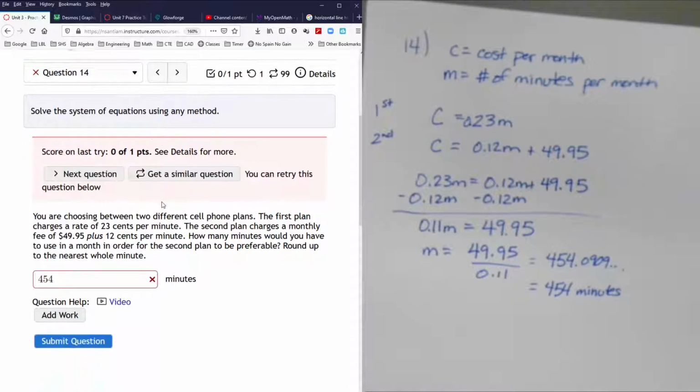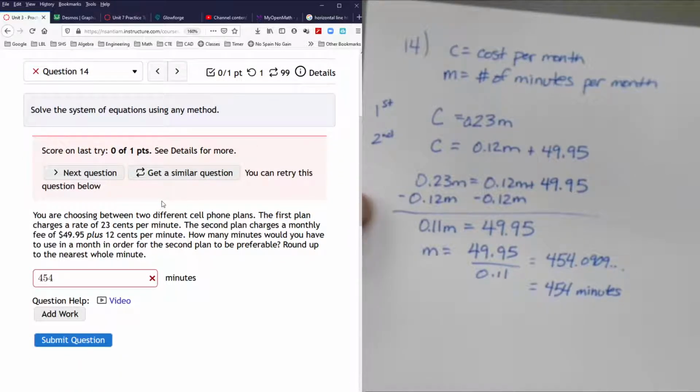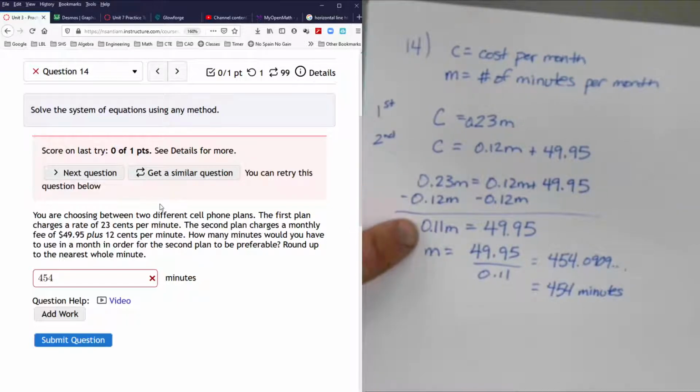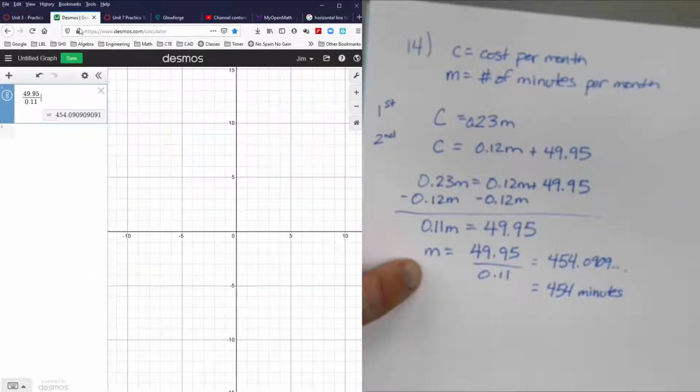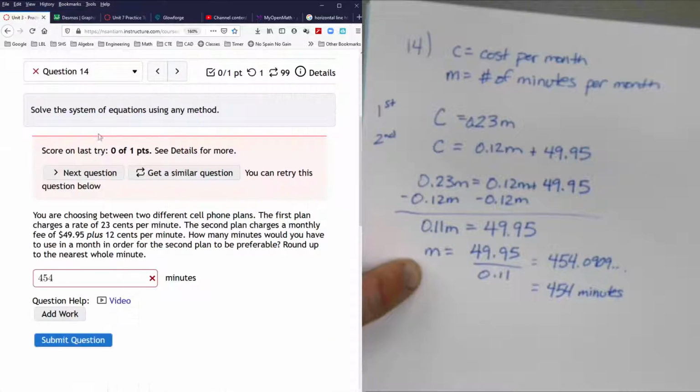What did I do wrong there? Let's go through this and check again. 12 cents a minute, okay, I subtracted there. 49.95 divided by 0.11 is 454.0909.